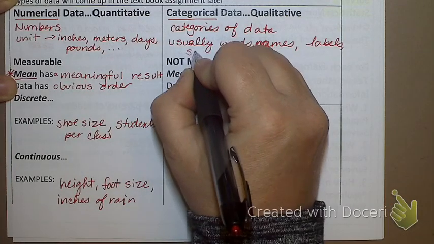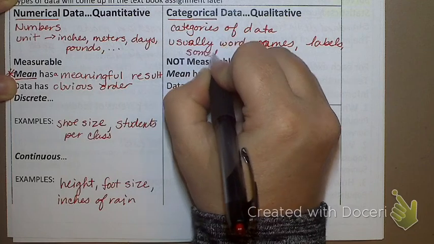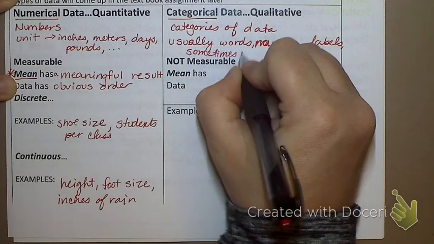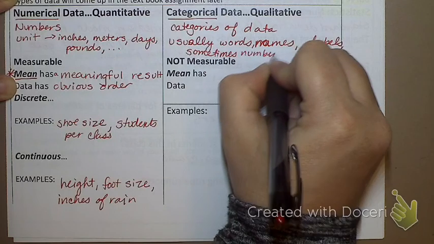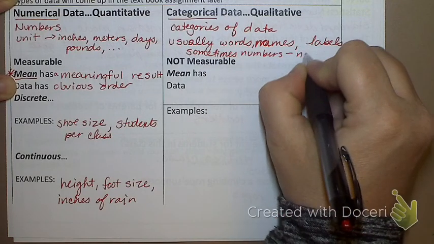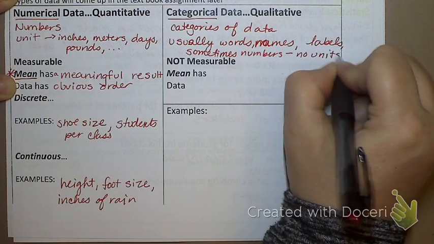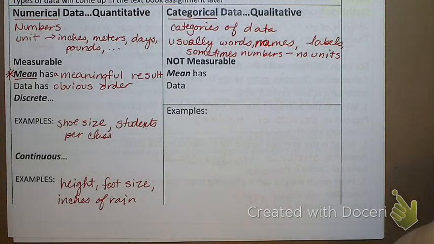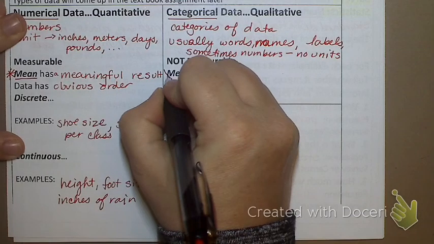Sometimes it's numbers. But they're numbers with no units. And I'll give you an example of one in just a minute. It is not measurable. I can't measure what your favorite color is. Again, to the mean.